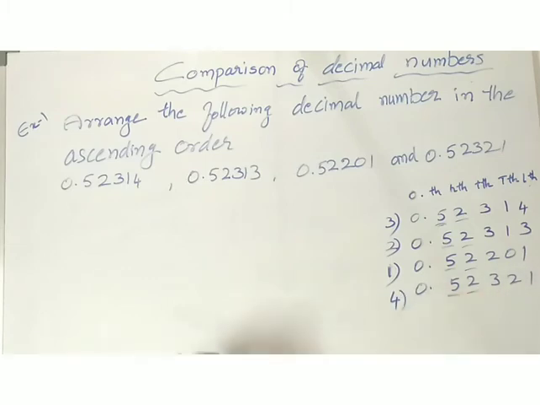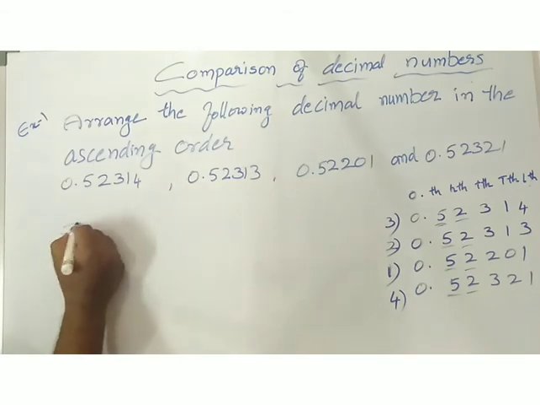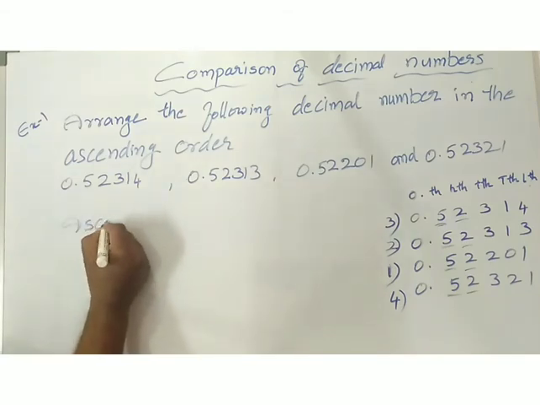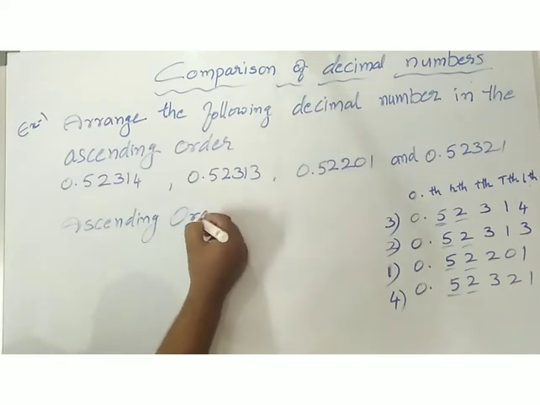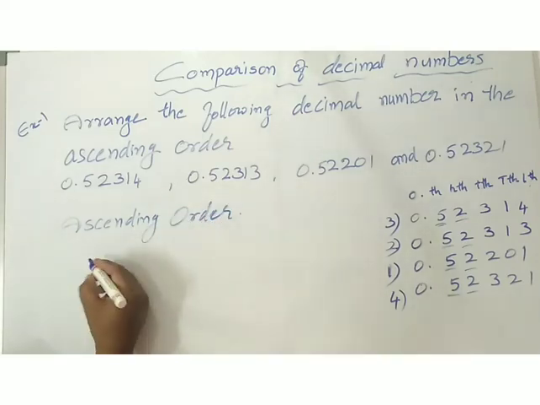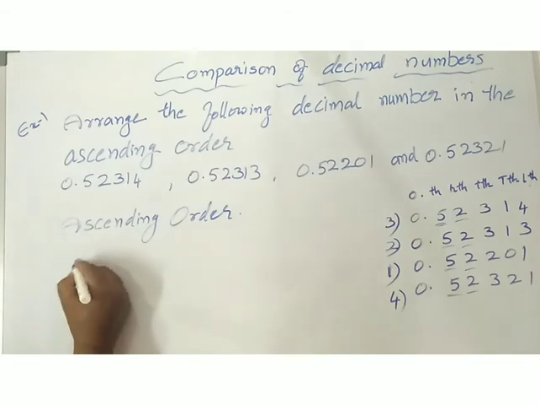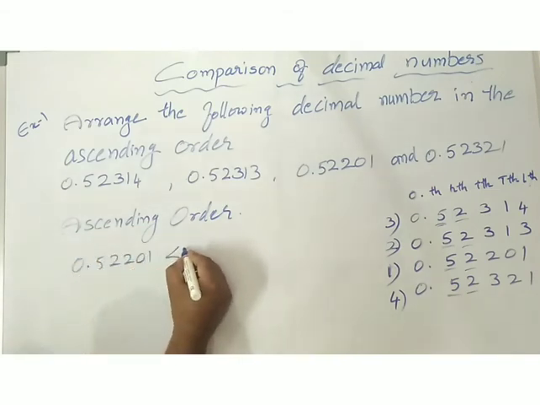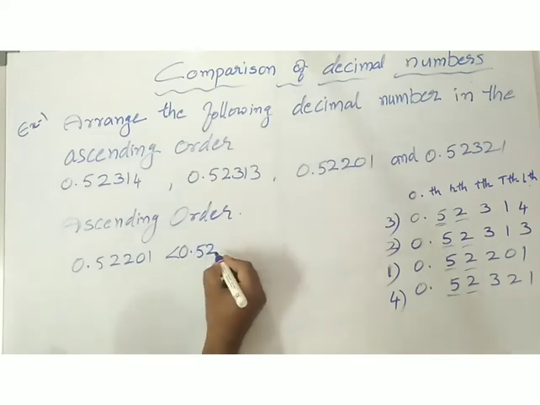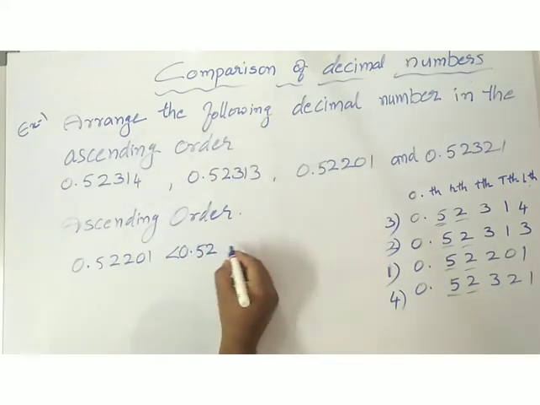So we can write the ascending order. First one is 0.52201. Next is 0.52313.